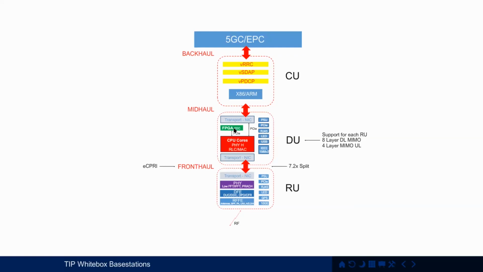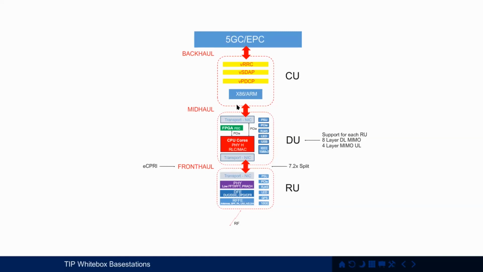Within the DU, again, field programmable gate arrays, supported by central processing unit cores, executing the so-called high physical layer, RLC and MAC functionality, whereas the RU performs the lower physical layer functionality. And again, we need transport connectivity back to the centralized unit for the midhaul.